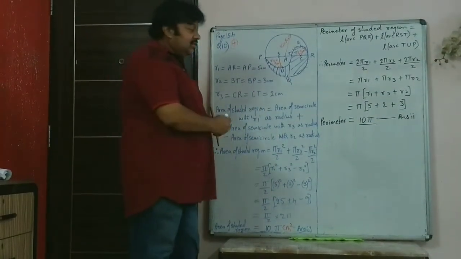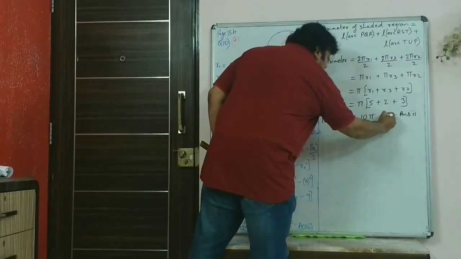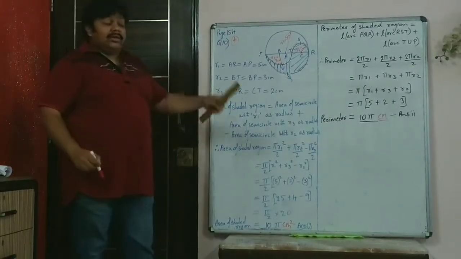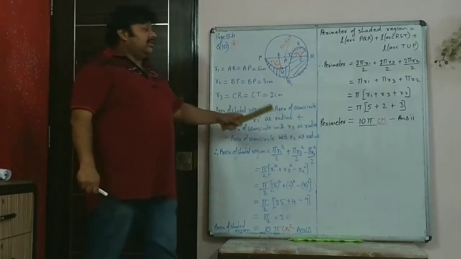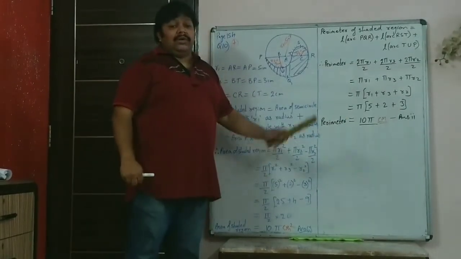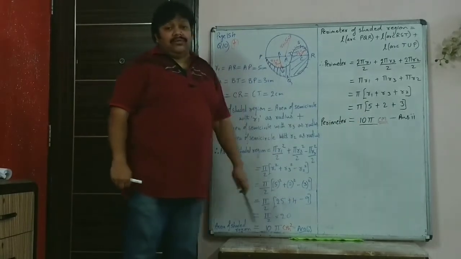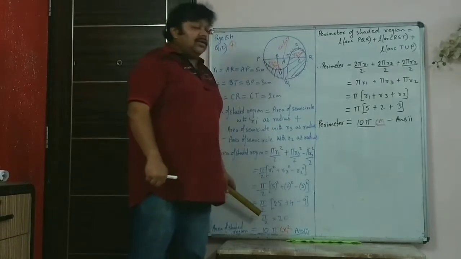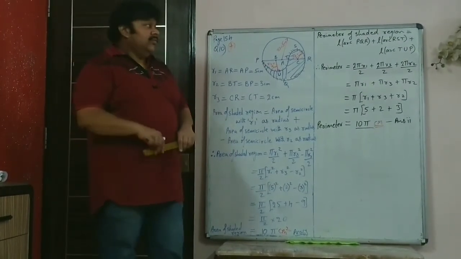Coincidentally, the answers are the same, but since perimeter is just a length, it will be in centimeter. Area was centimeter squared. Here, since you're told to leave it as pi, you leave it as pi. Otherwise, you would have written 10 into 3.14, that is 31.4 centimeter, and here it would have been 31.4 centimeter squared.